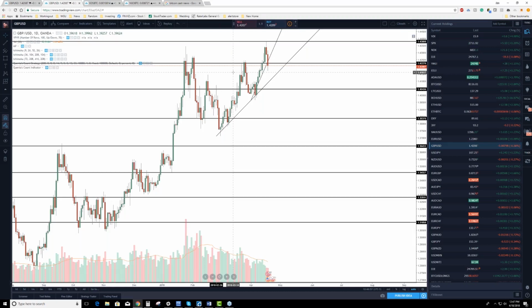I've got 5 lots open at 142.17, and I've generated $83.75 on that one, and I've had that open since the 12th, as I was looking at it on my screen.